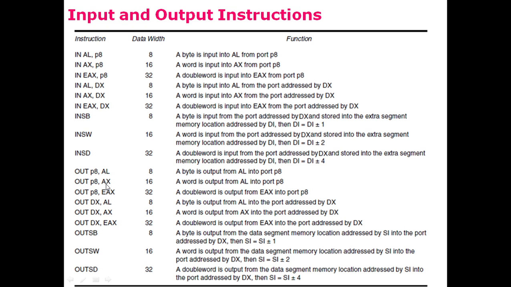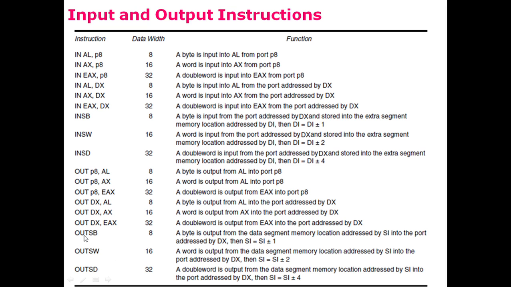And here 16-bit data from the accumulator AX is sent to input and output device P8, and here 32-bit, and here the variable port addressing is used, where the accumulator is sent to the input and output device addressed by DX register. And these are the string variants of the OUT instruction.